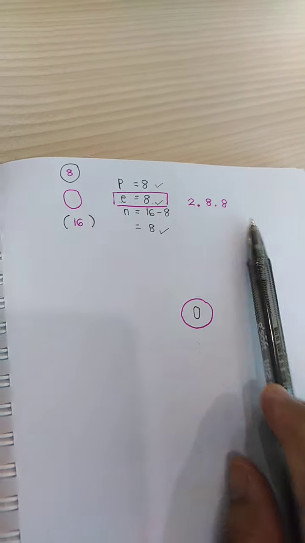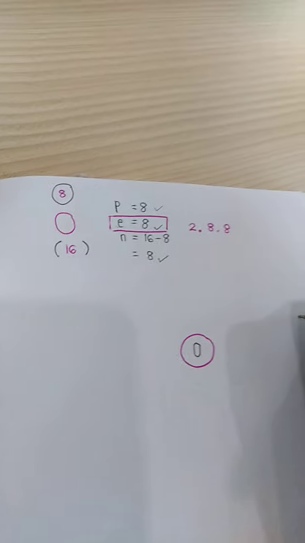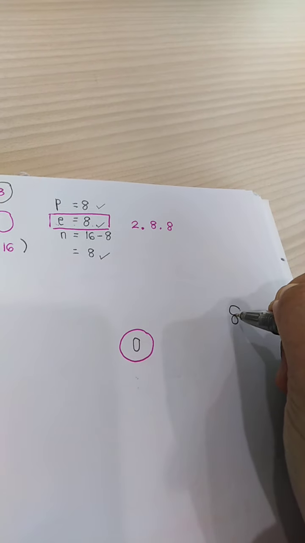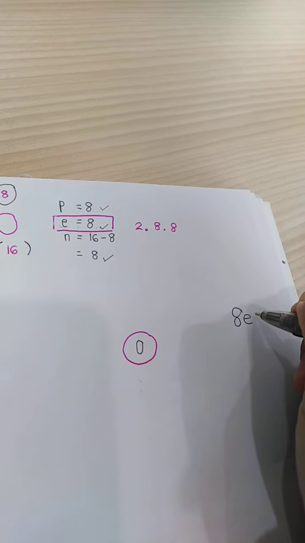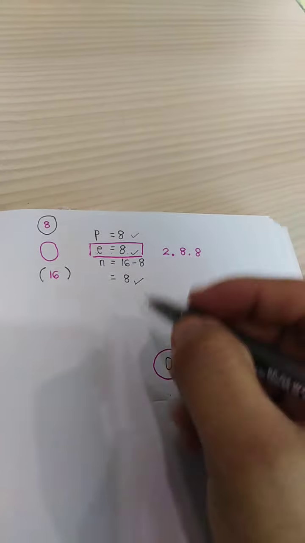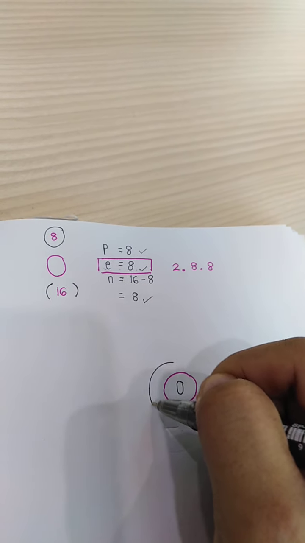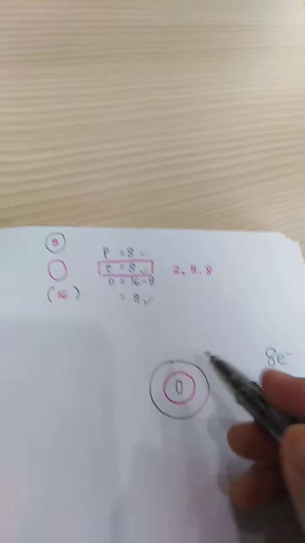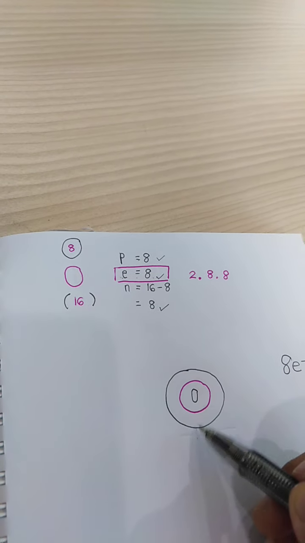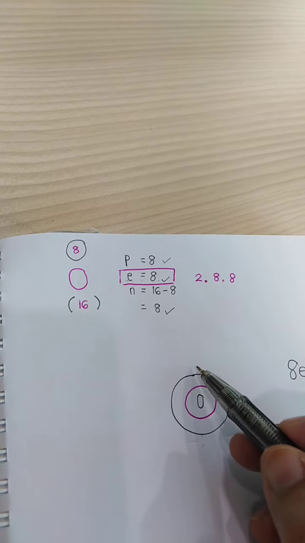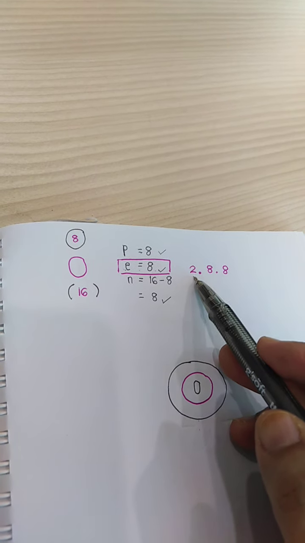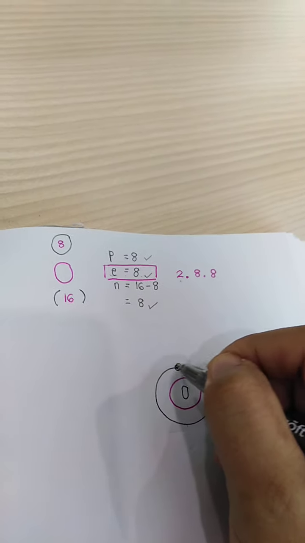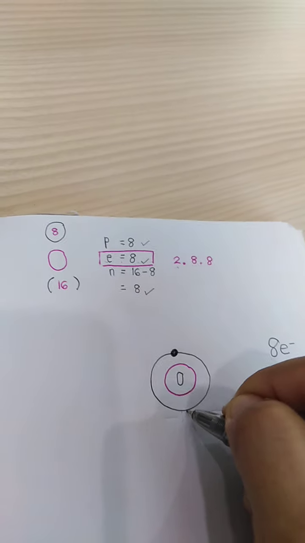So first, I know that I need to locate 8 electrons. So first, I draw the electron shell. Okay, the first electron shell can only occupy 2 electrons only. So I draw 2 electrons up here.